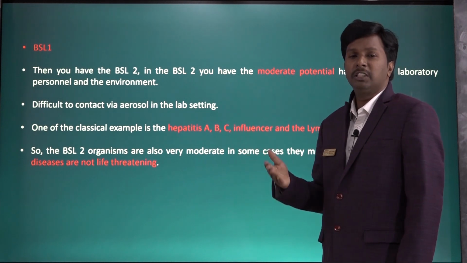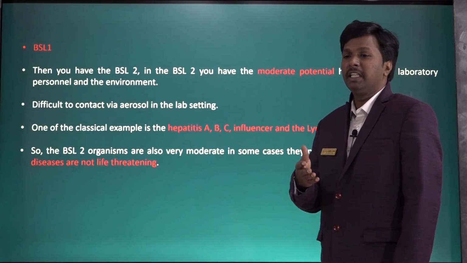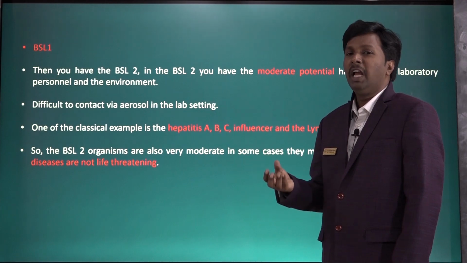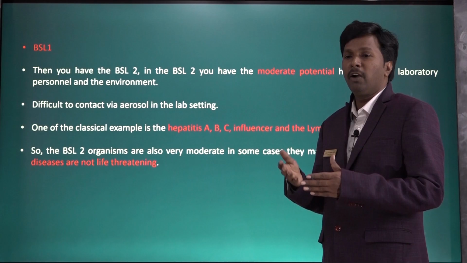So what precautions do we have to take while handling biosafety level 2? Likewise, as in BSL 1, in BSL 2 also we have to wear apron and gloves, sometimes a face shield as well, and we have to wash hands.